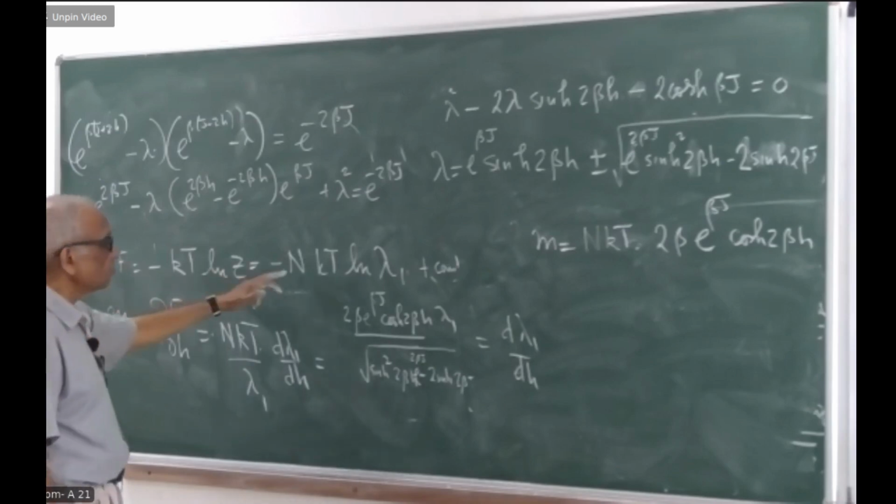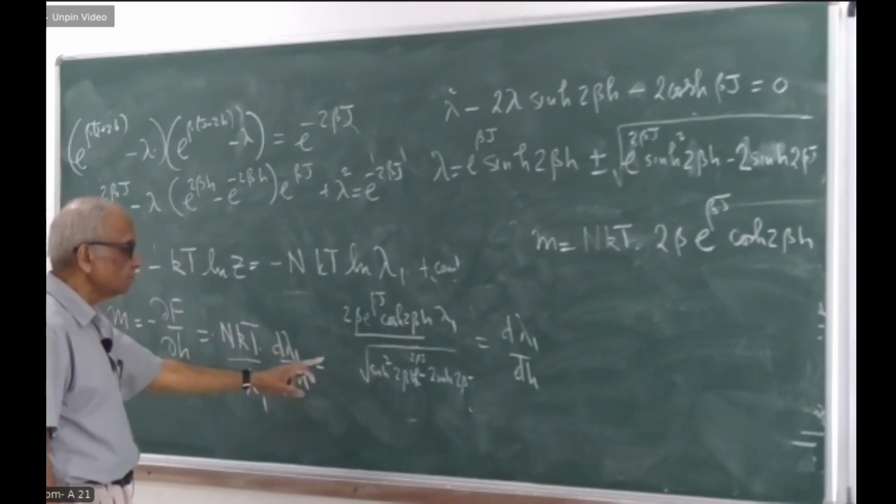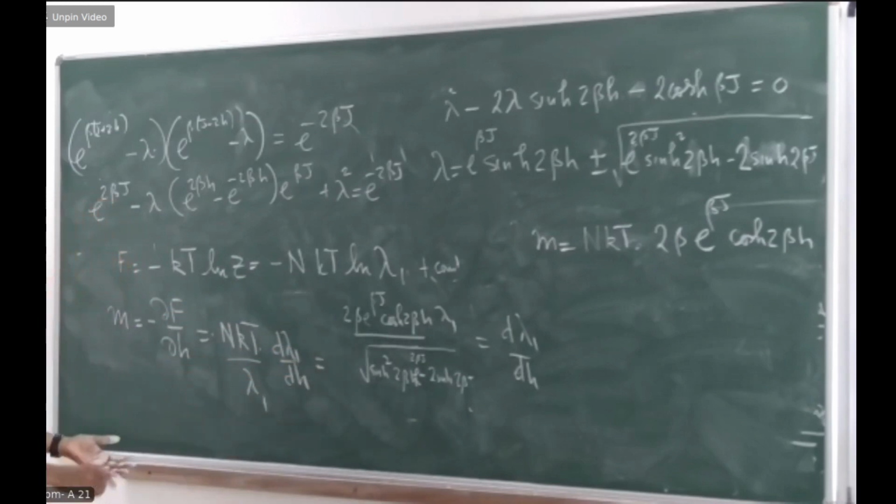So del F, log lambda 1, d lambda 1 dh, so I'm doing... something's gone wrong. What has gone wrong? It's the lambda which is wrong.